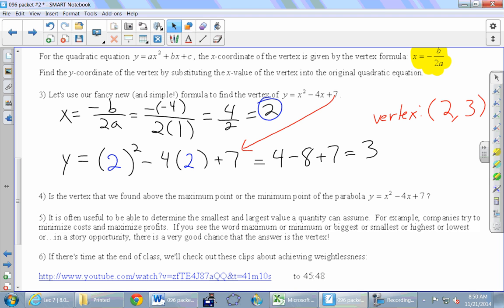Smiley face because the a is positive, right? The number in front of x squared is positive. So is the vertex of the smiley face a maximum or a minimum? It is a minimum. It is the lowest point on the graph, right? It's the opposite if you had a frowny parabola, when the vertex would be the highest point. So in our case, this 2, 3 is the minimum point. It's the lowest point on this particular parabola.